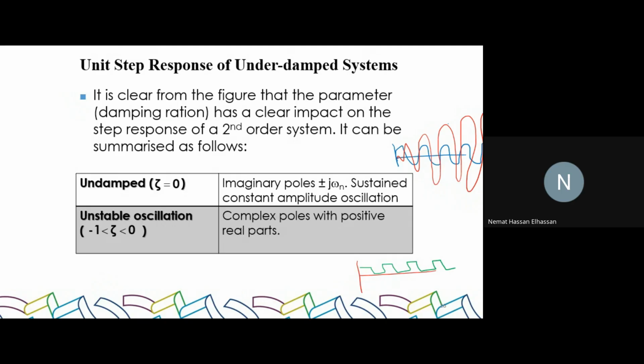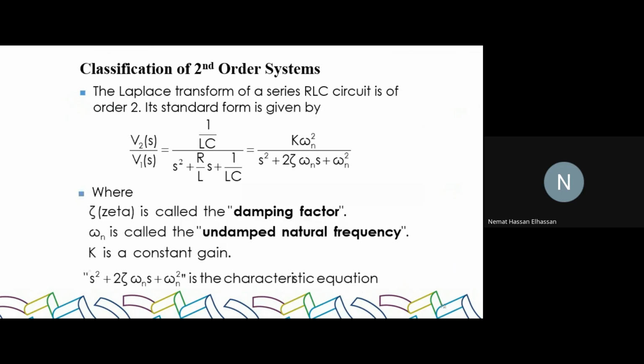Does that make sense? Now, going back to the Laplace transfer function, you can see we have two performance metrics. We have the natural frequency, which is the frequency that the circuit will operate on, and we have the damping ratio. You can use this in two different ways.